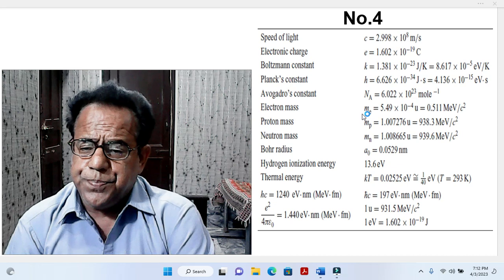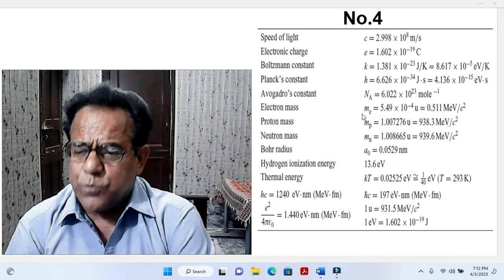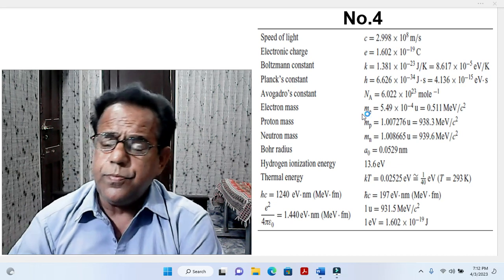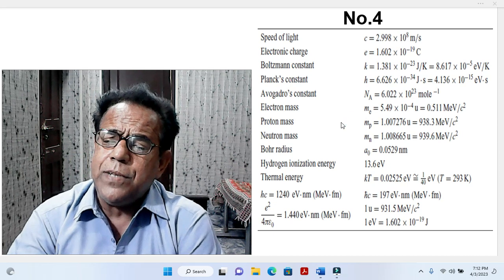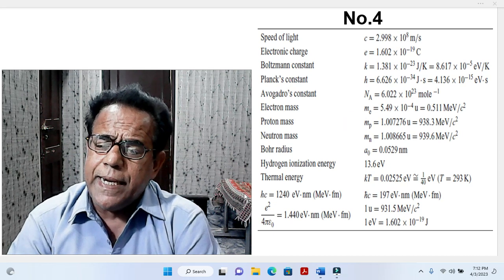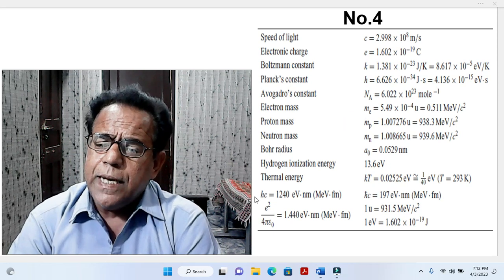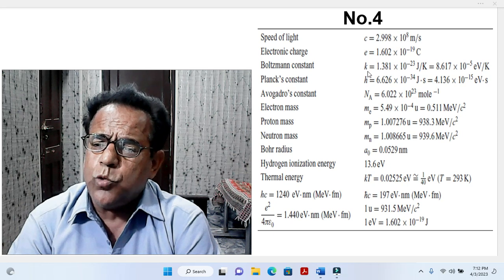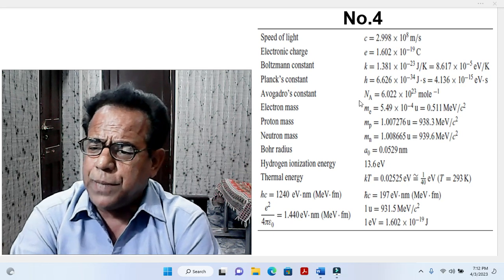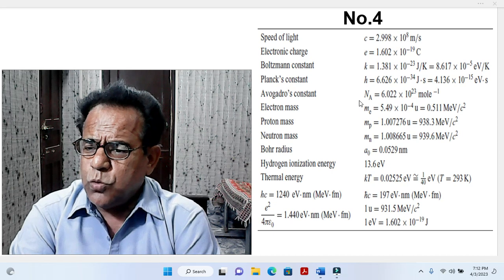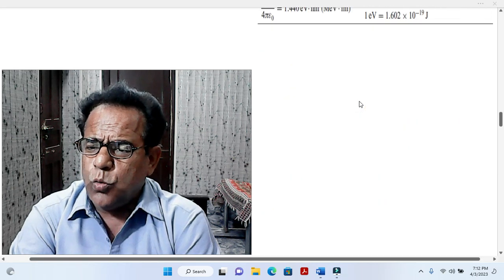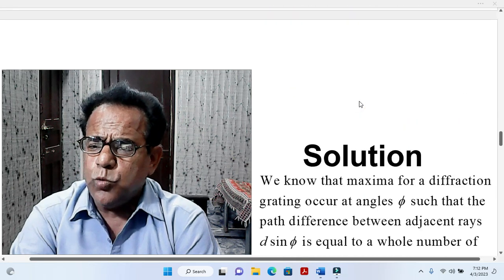Moreover, combined value of HC is also given. But it is our discretion whether we take combined value of HC or we take separate values of H and C and then multiply them. So now I think we should move forward.